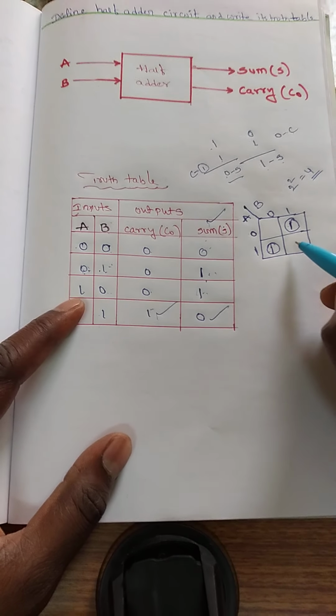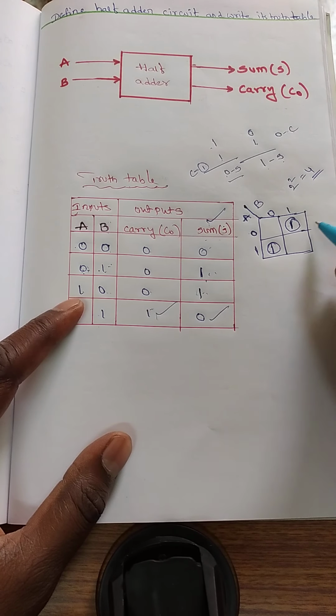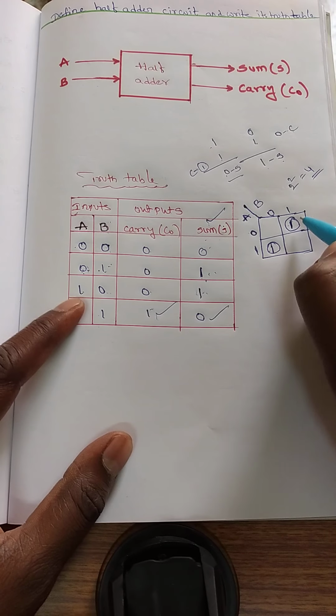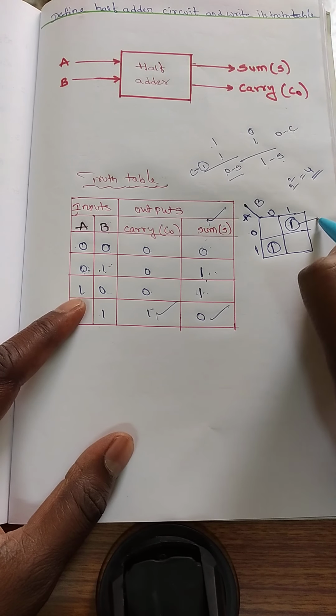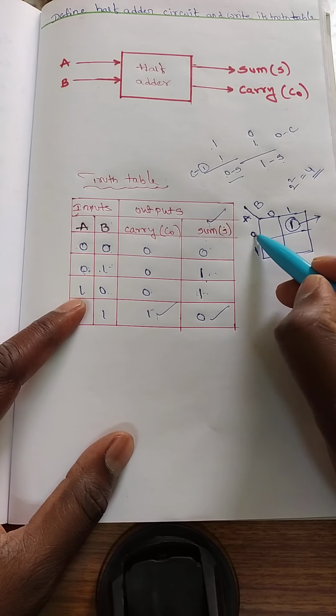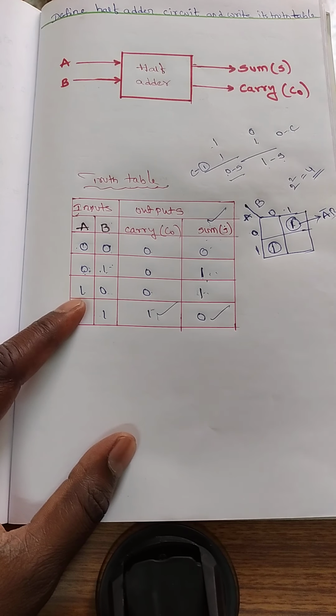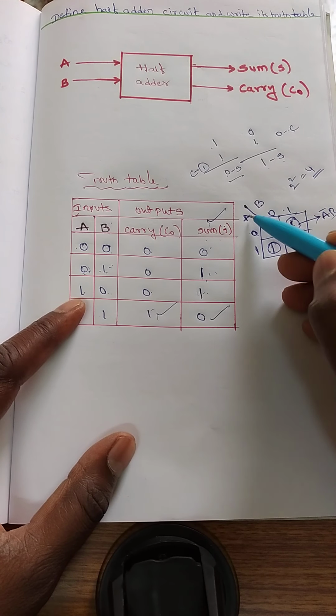We cannot form a pair, quad or octal, so we'll just round it and write the expression here itself. A is 0, nothing but A bar. B is 1 means B. Then A is 1.